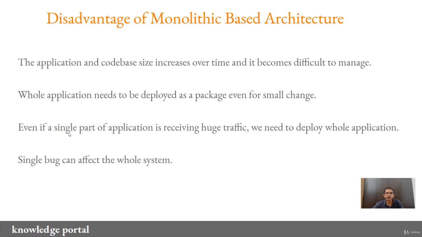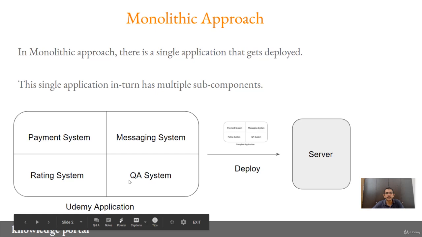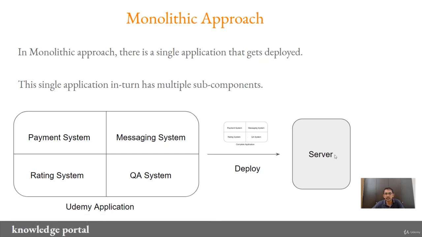Third is that even if a single part of an application is receiving huge traffic, we need to go ahead and deploy the entire application into the new servers that you're adding as part of the scalability. So for example, let's assume that users are using the question and answer system very extensively within the Udemy application. And due to that, the entire application that is deployed in the server is slowing down.